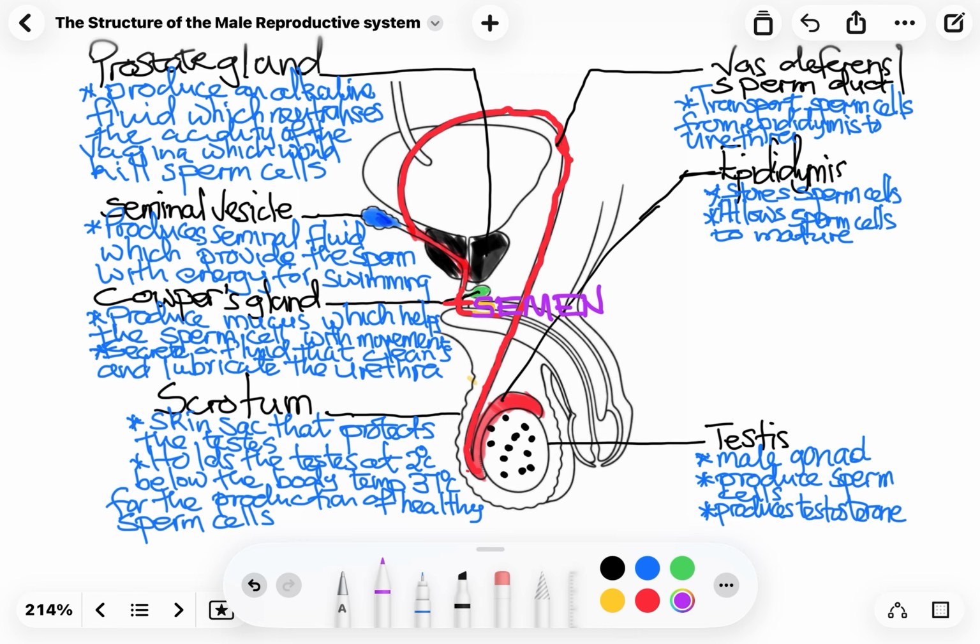That is your alkaline fluid from the prostate gland, your seminal fluid from the seminal vesicle, your mucus from the corpus gland. So we now have semen. So from this point going down, we are now talking about semen. So let's just erase that so we can continue tracking the movement of our semen.